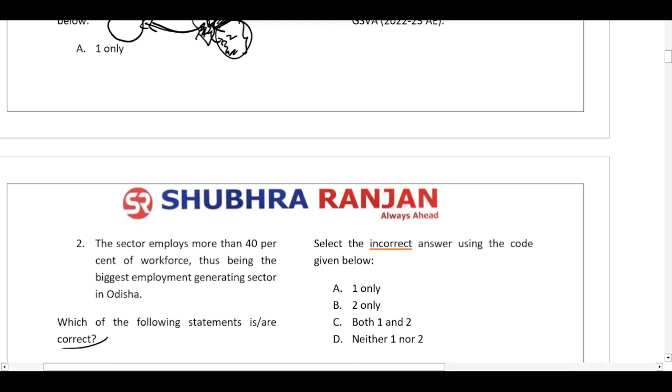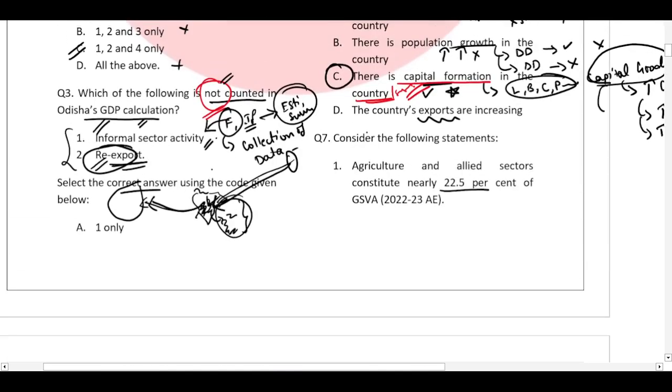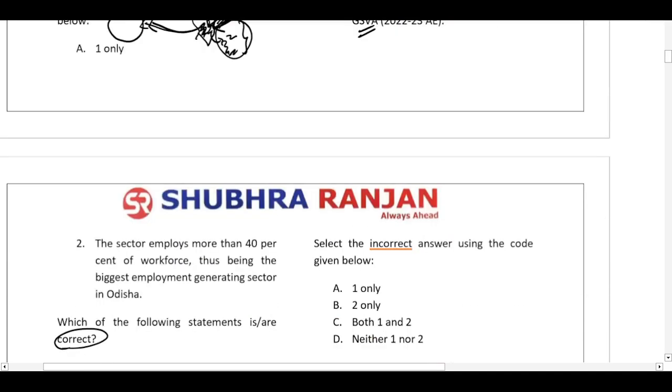Which of the following statements are correct? So what the question is saying is that agriculture and allied sector constitute nearly 22% in the gross state value addition, and this sector employs more than 40% of the workforce and is the biggest employment generating sector of Odisha. This is from the economic survey of Odisha.